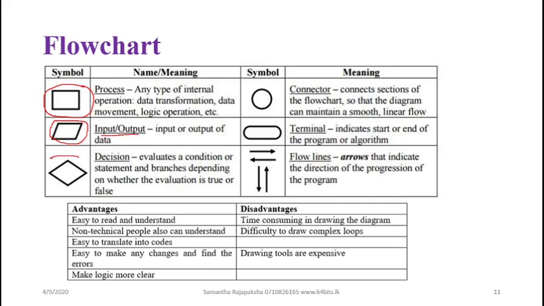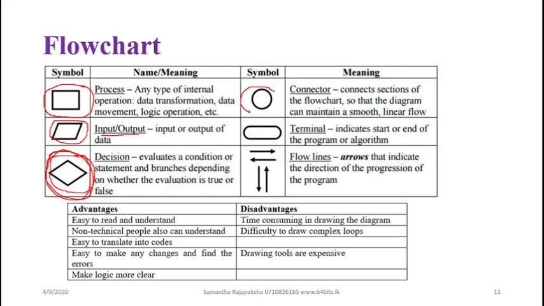This is basically used for decision making. Later we'll discuss the selection and the loops. For the selection and the loops, to make a decision to do something or not to do something, the decision making is done by the diamond shape. And this one is the connector.